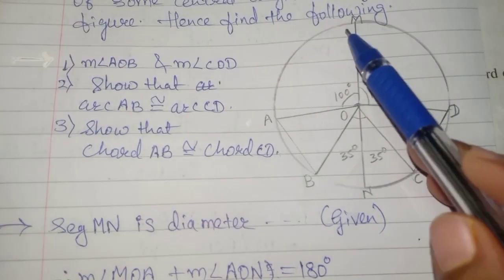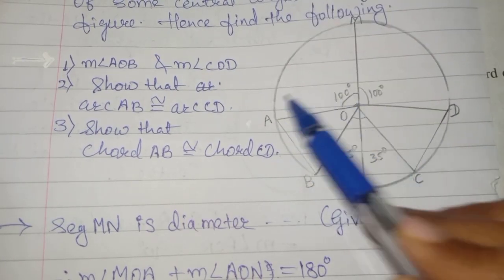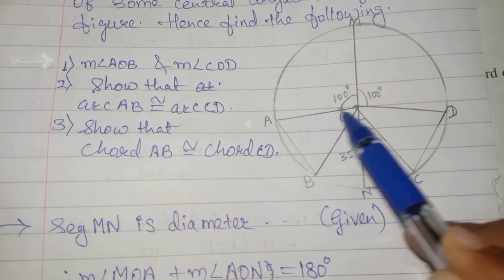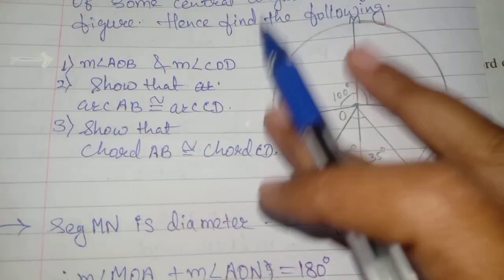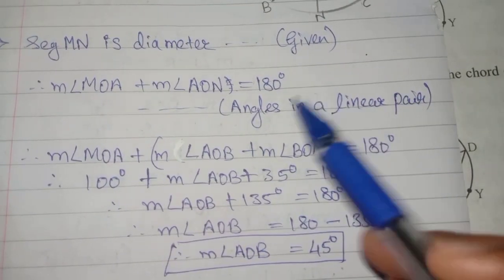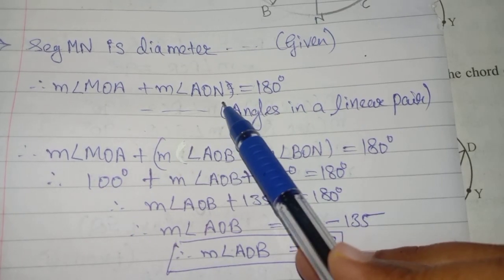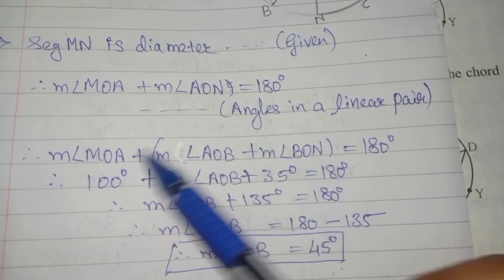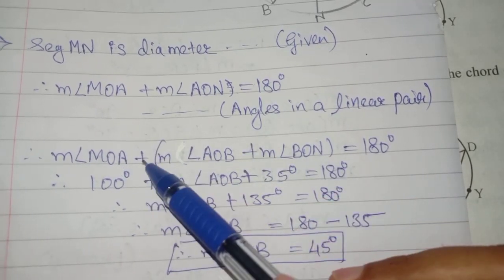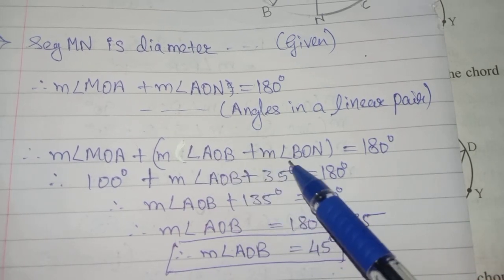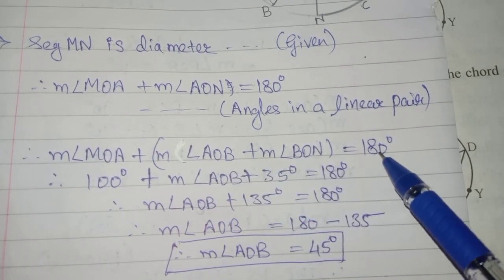Measure angle MOA and AON means this angle plus this angle. If you take them, you will get a half circle, so it is equal to 180 degrees. And this AON is again divided into two angles, AOB plus BON. So you can write MOA plus measure angle AOB plus measure angle BON is equal to 180 degrees.